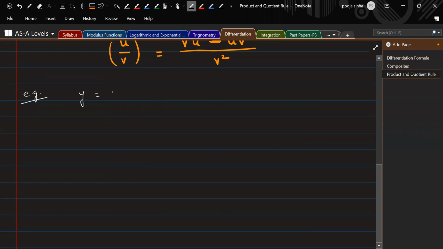y is equal to 2x plus 1 upon 5x plus 4. ठीक है.